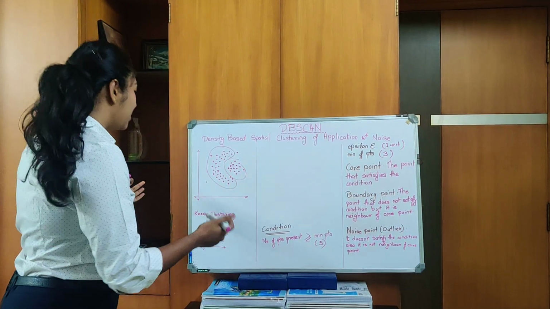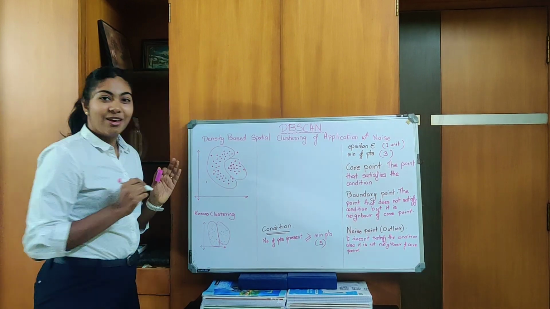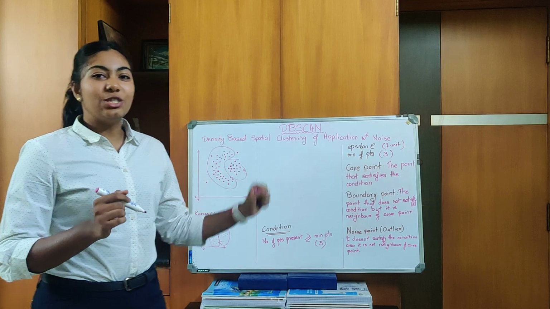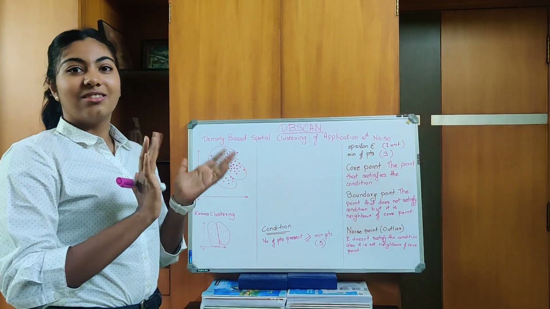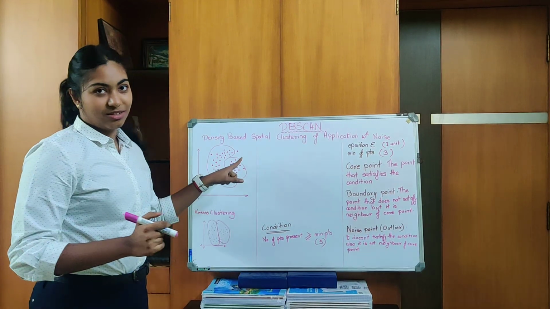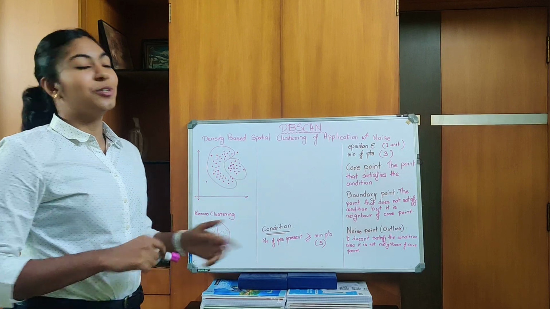We might have got clusters that look like this. Why is this happening? Because these two clusters are nested clusters. What does it mean? One of the clusters is wrapping around the other cluster. So DBSCAN is coming to our rescue, and let us see how DBSCAN works.